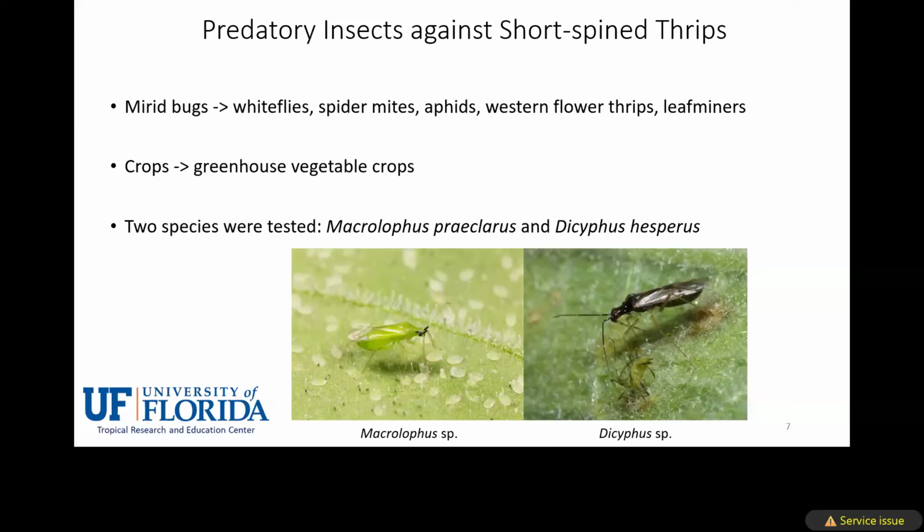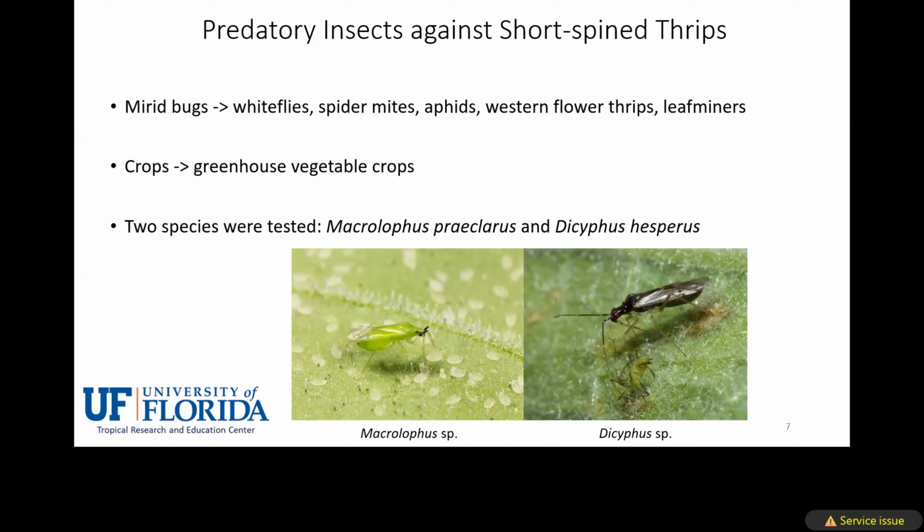The next predator insect that we tested against short spine thrips was the mirid bug. Here, as I mentioned, I tested 2 different species. It's also a predator that can feed on whiteflies, spider mites, aphids, other thrips species, and leaf miners.